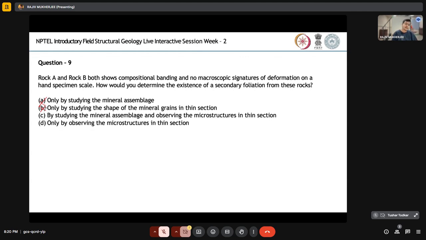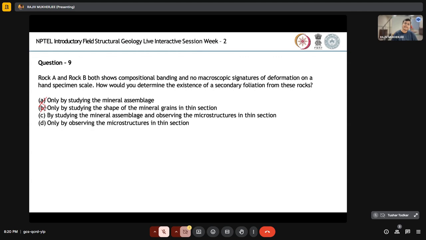Now microstructures. Generally the term microstructures indicates how different mineral grains exist with each other, and due to their coexistence, how they are accommodating the space, right?